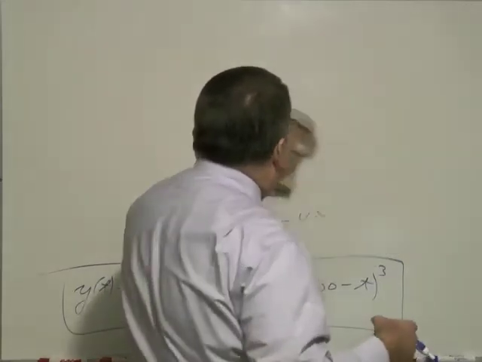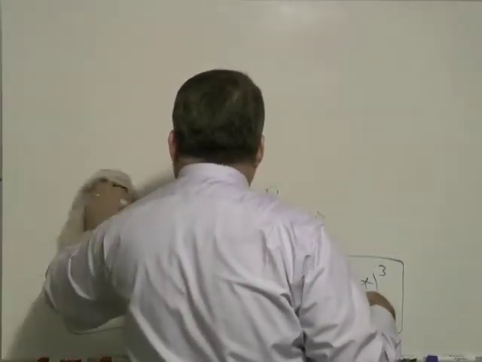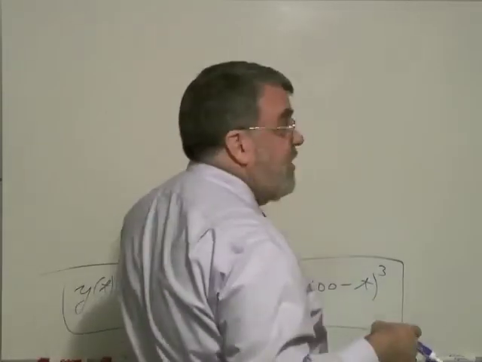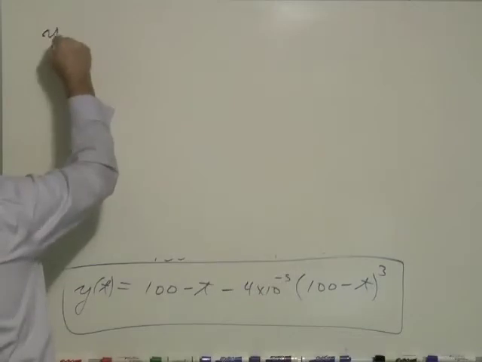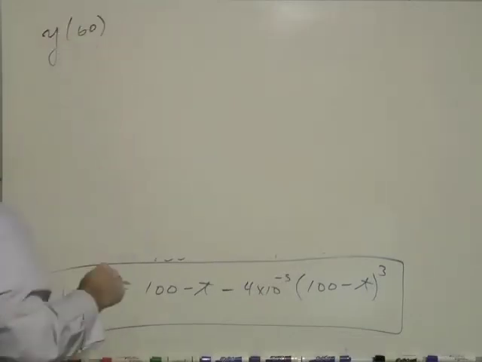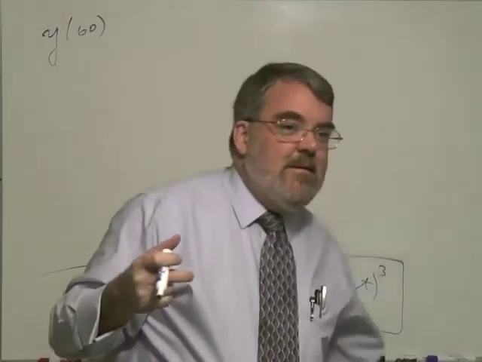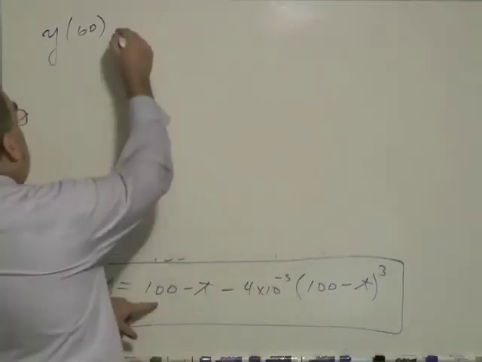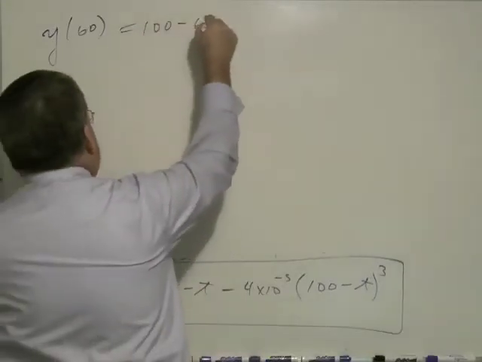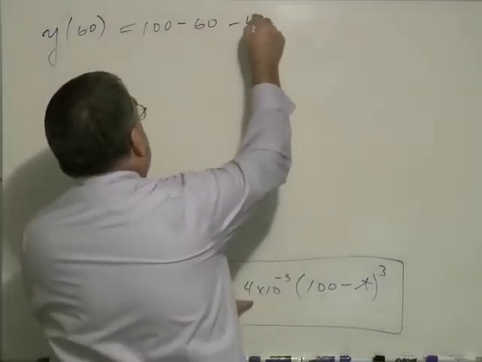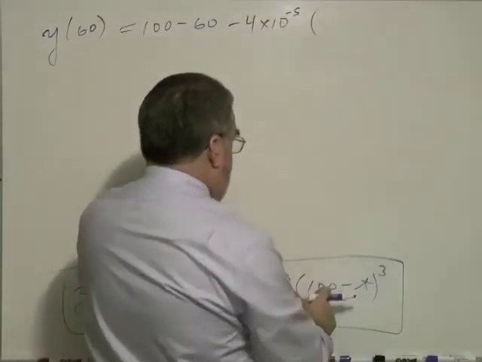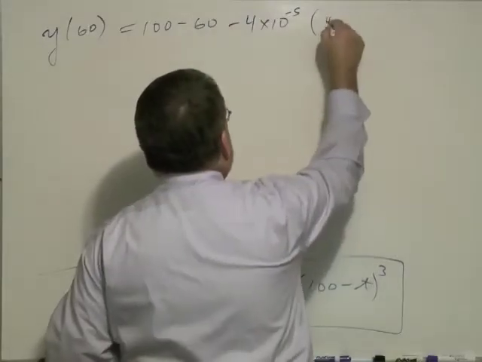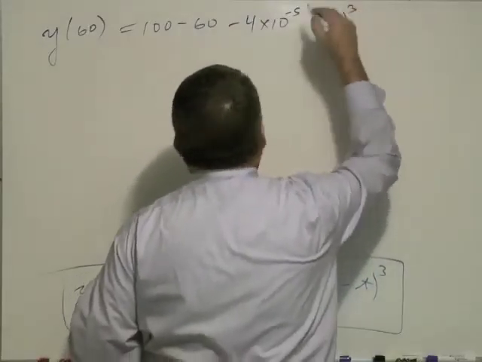All right, so the first question was, how much salt is in the tank after 60 minutes? All right, so y at 60 minutes will be 100 minus 60 minus 4 times 10 to the negative 5th power times 100 minus 60 is 40 cubed.